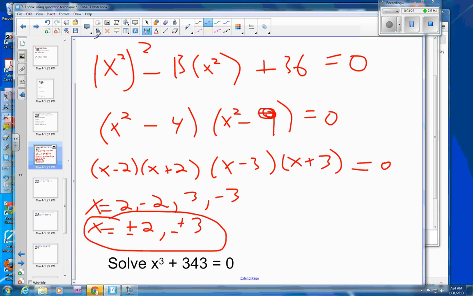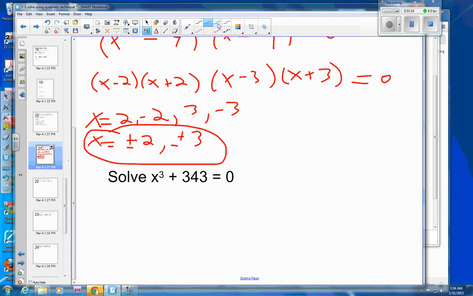So let's go look at one more example here. This is x cubed plus 343. What is 343? Well, by golly, it's 7 cubed. So this is actually a sum of 2 cubes, and you have a formula for that.